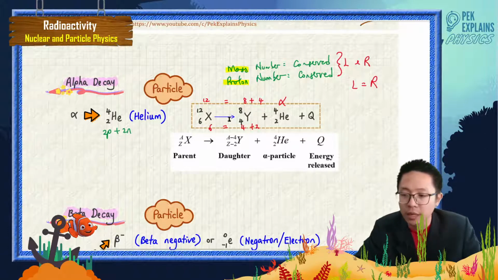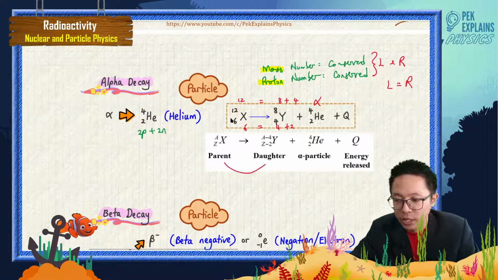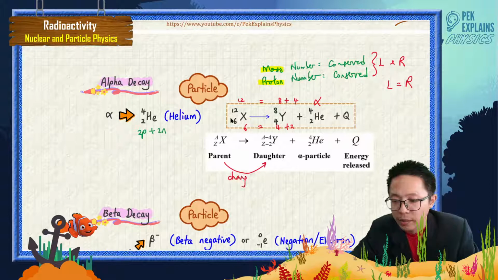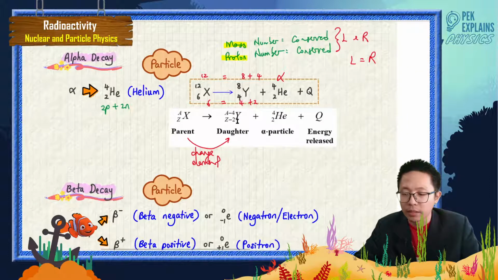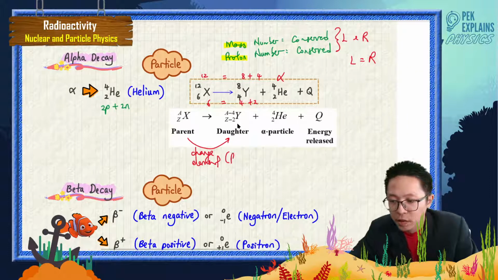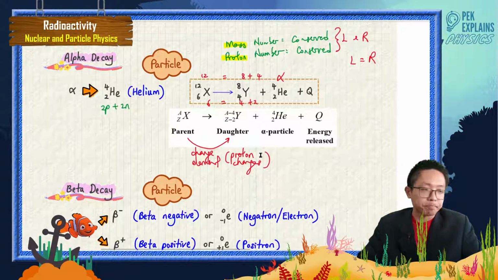So alpha decay will involve a change of element between parent and daughter, because the protons change. This is very important.